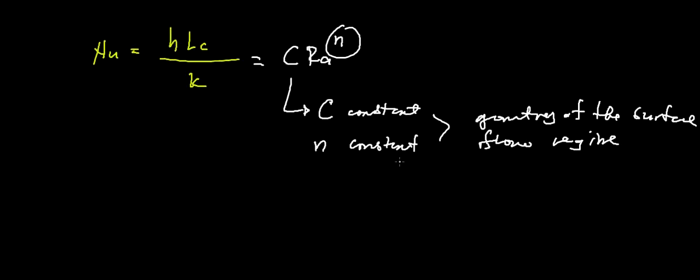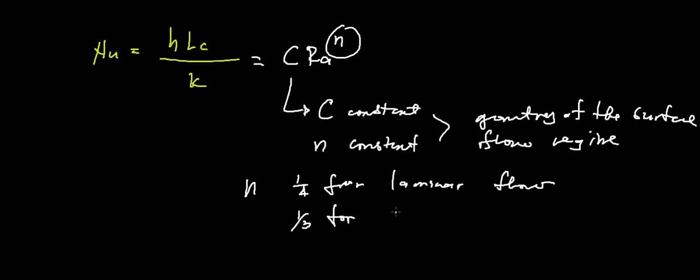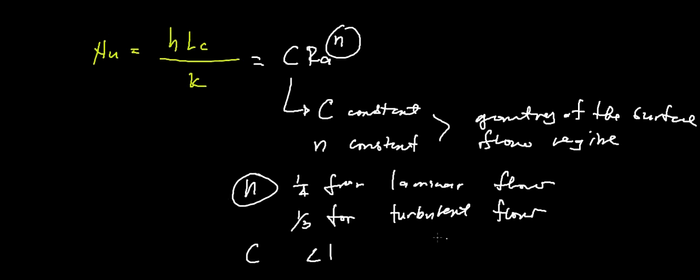The value of n is usually 1/4 for laminar flow, while 1/3 for turbulent flow. And the value of constant C is normally less than 1.